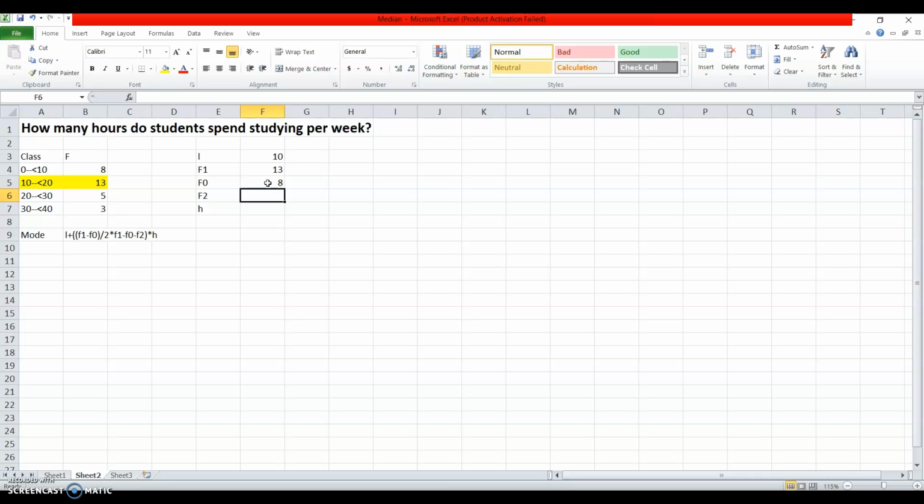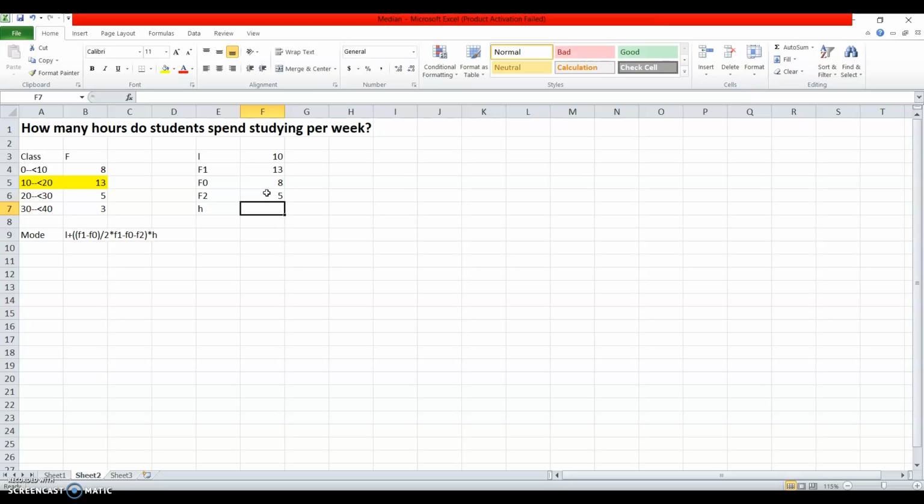And now we go on to F2. F2 is the frequency of the class succeeding the modal class. So the class following this modal class is the class from 20 to 30 study hours, and the frequency for that class is 5. So the value of F2 is 5.